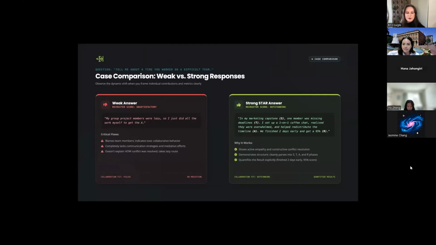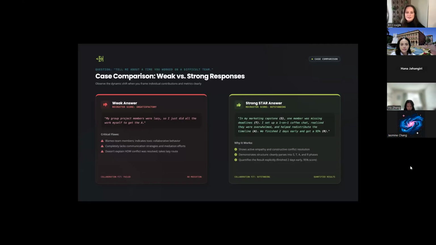My group project members were lazy, so I did all the work myself to get an A. While that might be true, it also implies a negative connotation and that you might be bad at collaboration. So while you think that you are probably sounding good giving a response to that, it's actually showing that you are lacking communication and mediation, and that you might not be able to communicate very effectively with others.